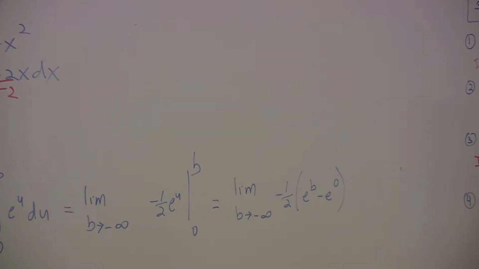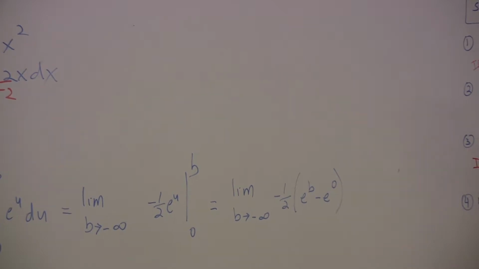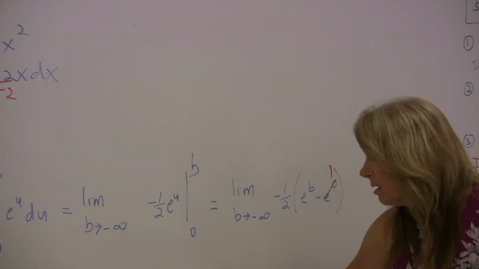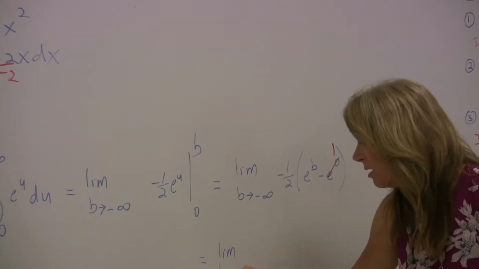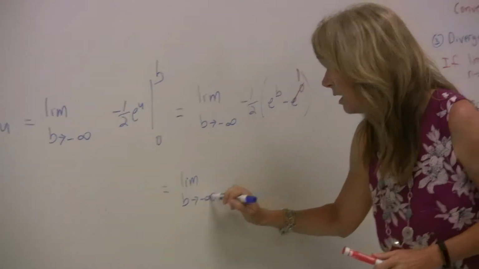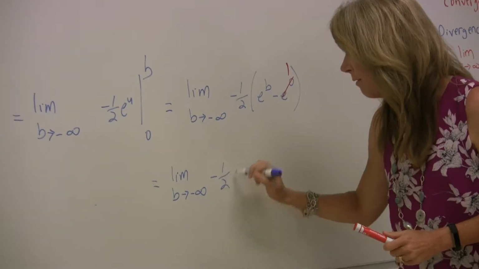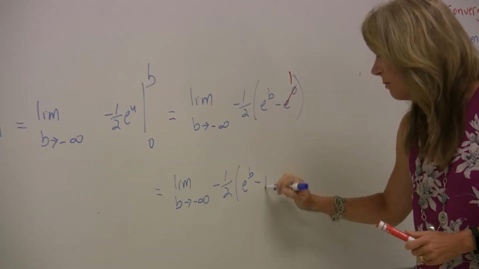Cleans up nicely there. E to the 0 is just equal to 1. So now I have the limit as b approaches negative infinity of negative 1/2 e to the b minus 1.